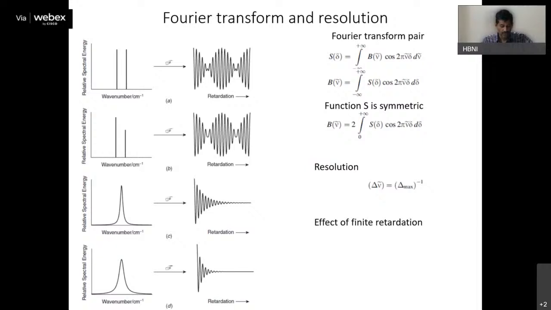If your incoming source is slightly broader, then it will decay rapidly, and then of course you can find out the wavelength by a smaller retardation. So the lesson we learned from this is, if we want to increase the resolution, we have to increase the retardation, meaning the total displacement of the movable mirror.